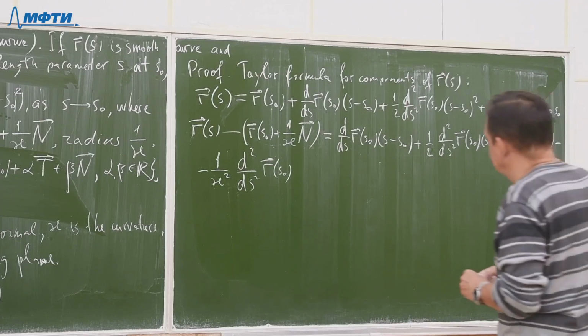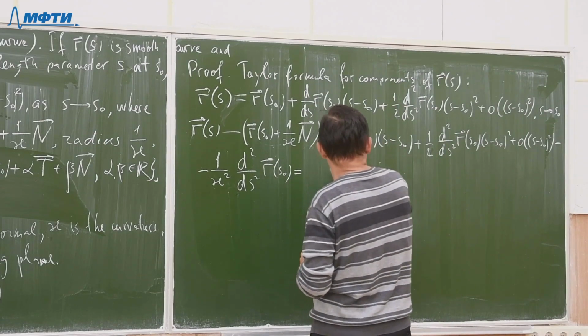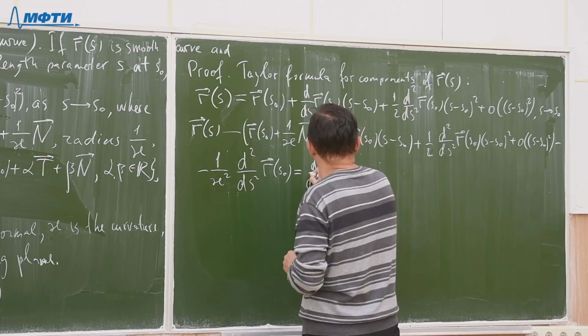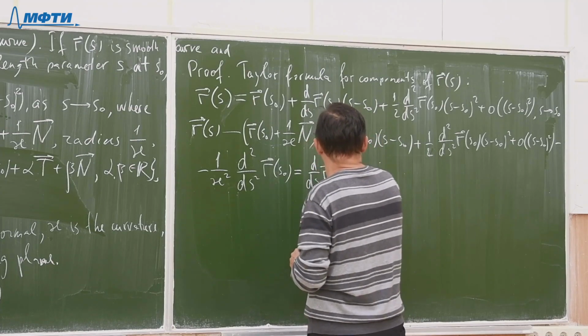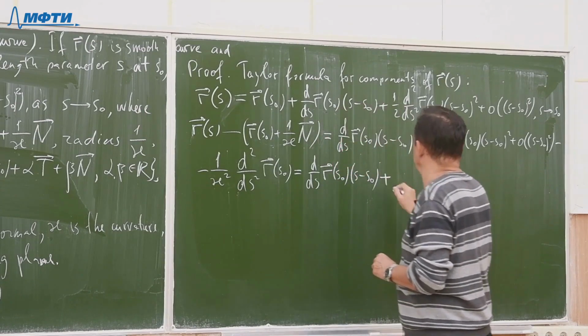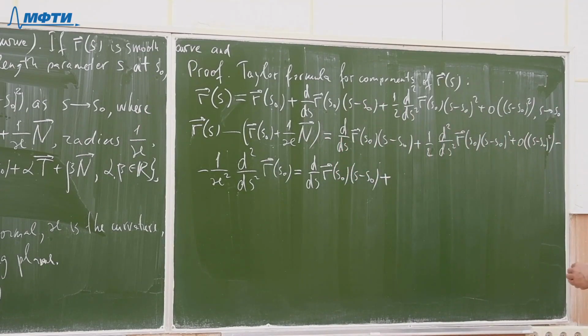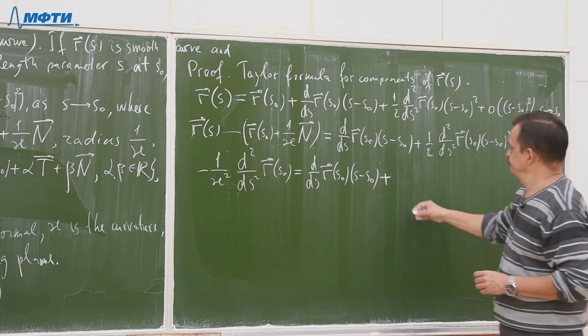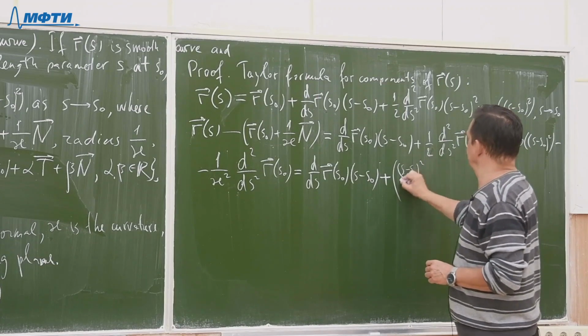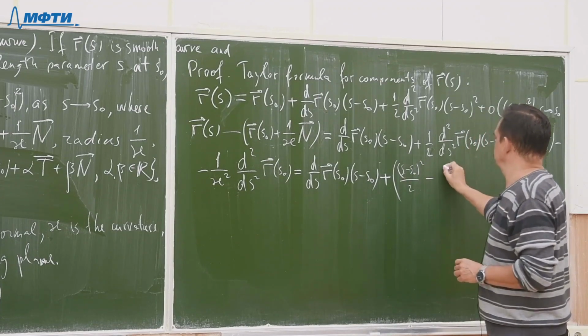So we have d over ds R at S naught times S minus S naught plus, and then this vector has a common multiplier of this form.